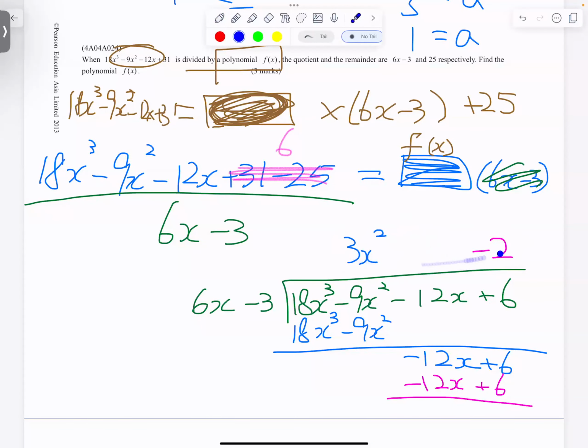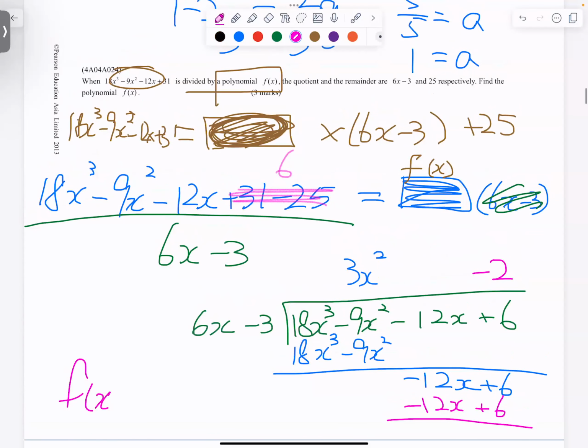This whole thing is the f(x) already. So that's it?